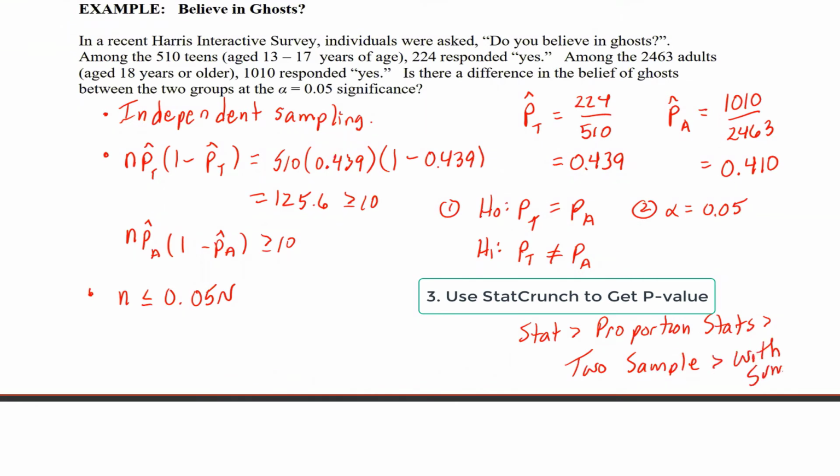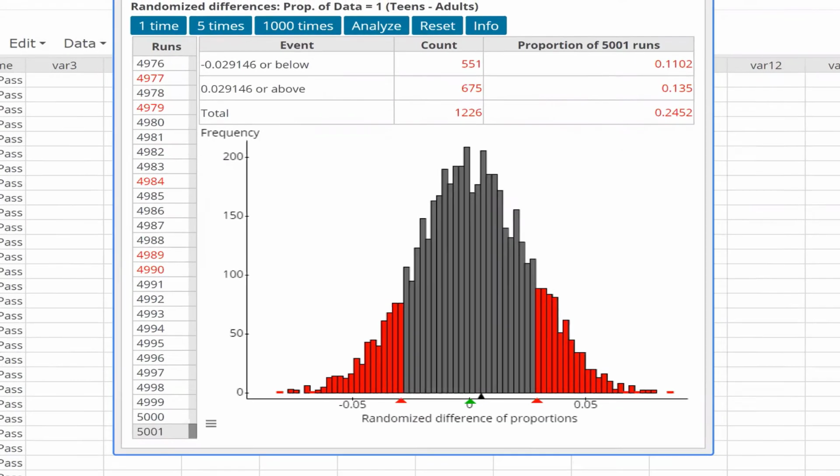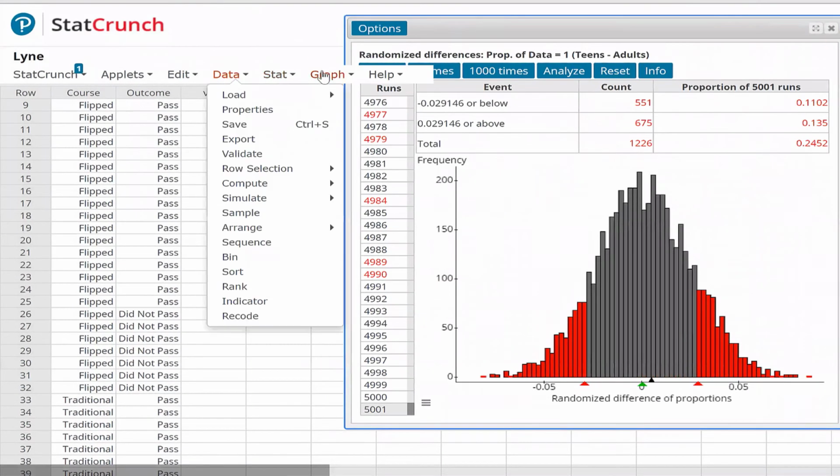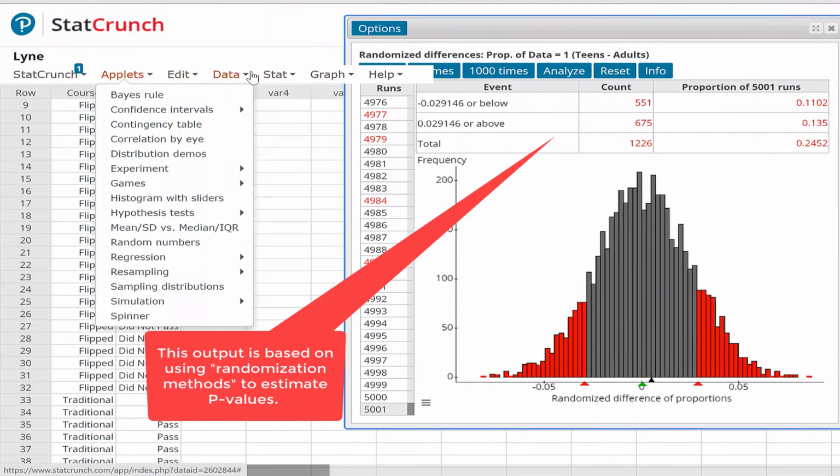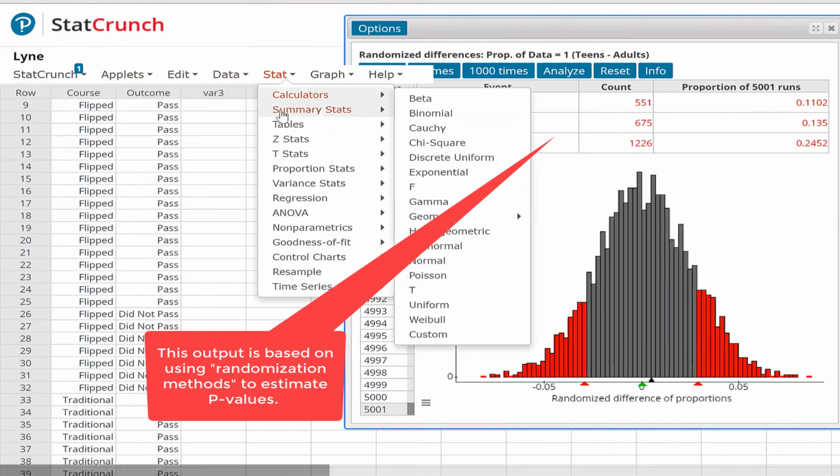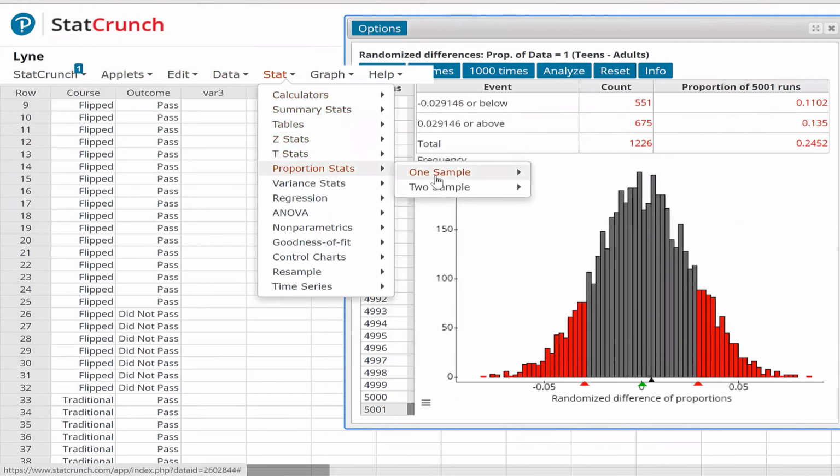Here we have summarized results, so we're going to pick with summary. I'm going to leave that up because that's our ghost one. So we go stat, proportion stats, two sample with summary.